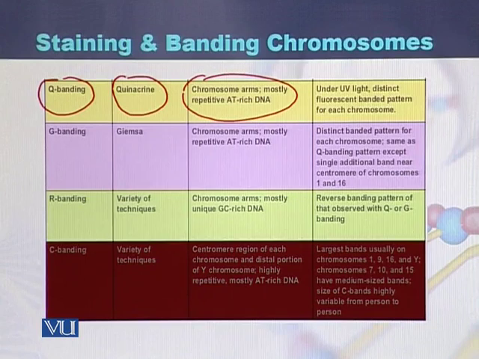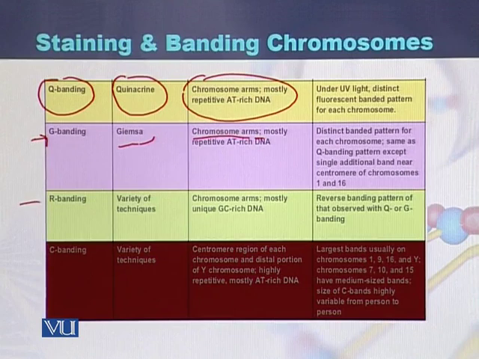In case of G banding, which is performed with the help of a dye, the name of the dye is Giemsa. In case of Giemsa staining, or G banding, chromosome arms are stained.